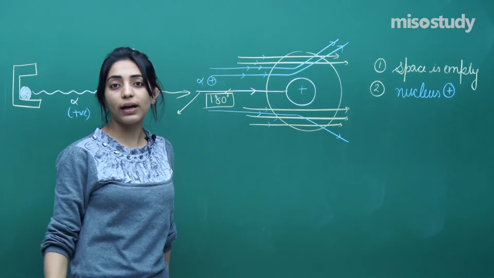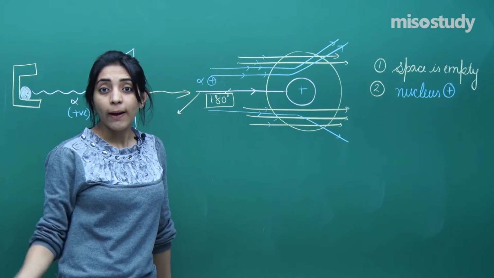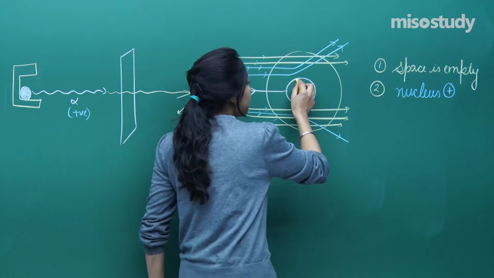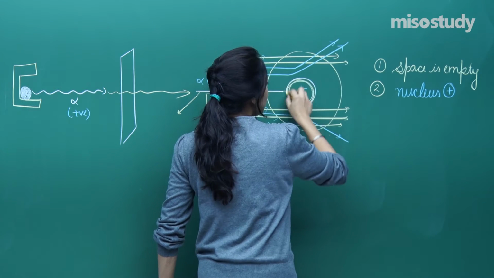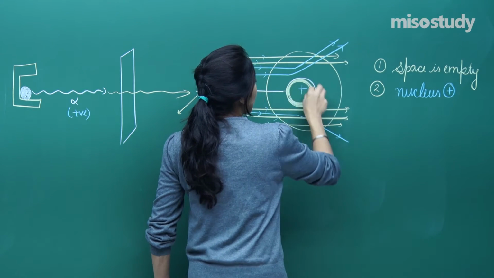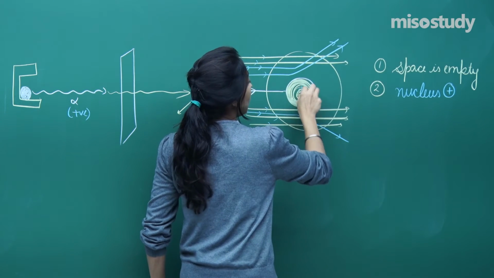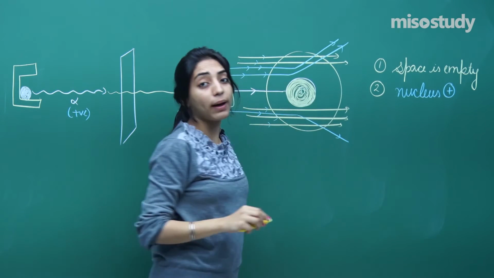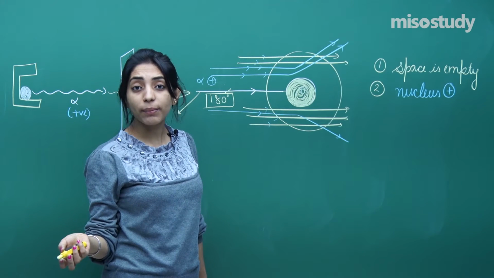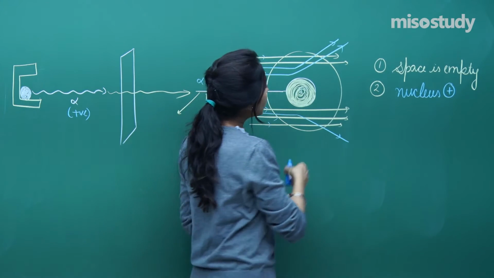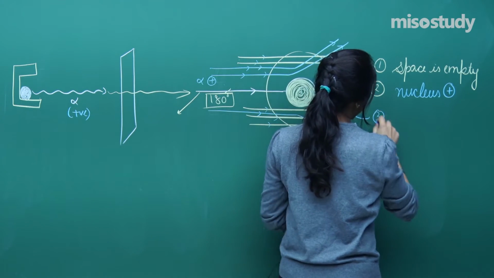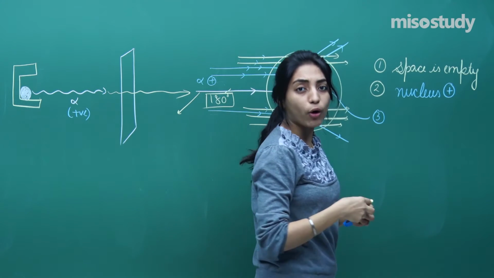That means the space occupied by the nucleus is really very small, because if the space occupied by the nucleus were big enough, then many of the alpha particles would have come back, but only 1 or 2 are coming back. That means the nucleus occupies a very small volume.